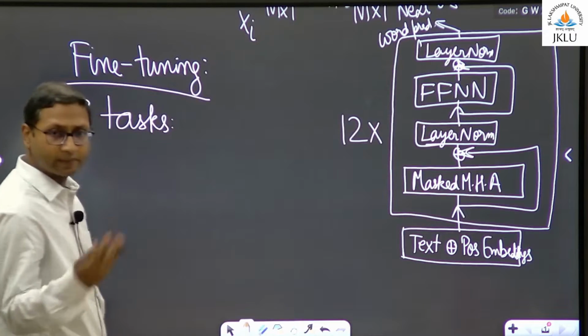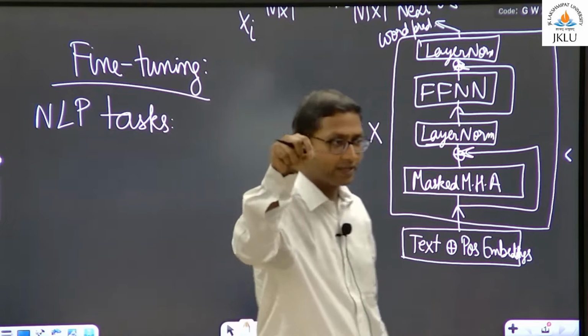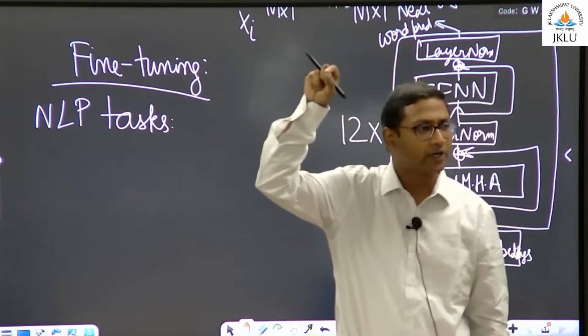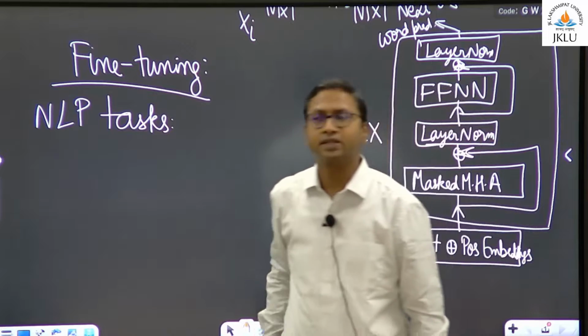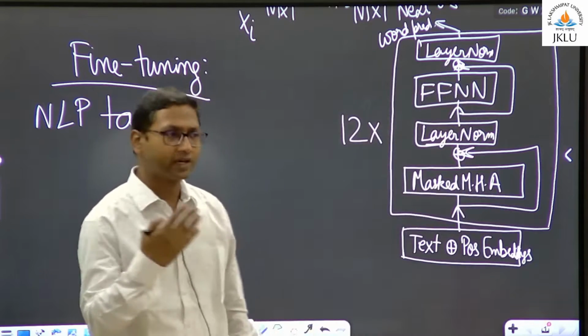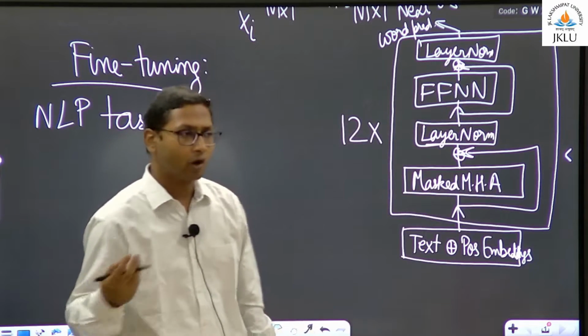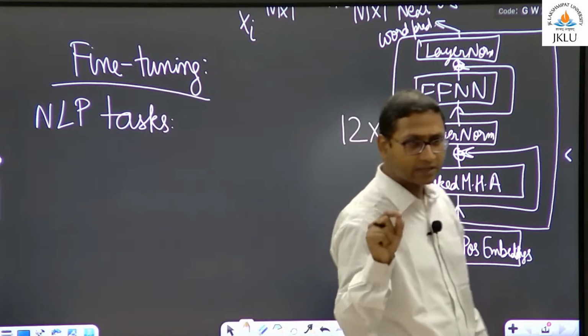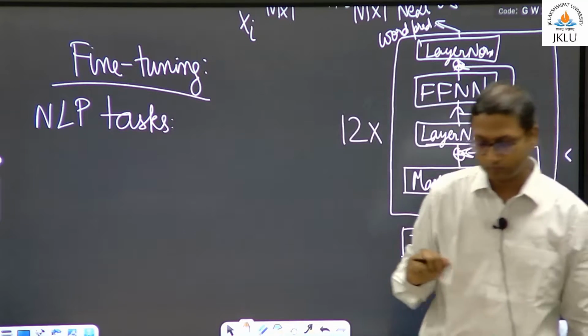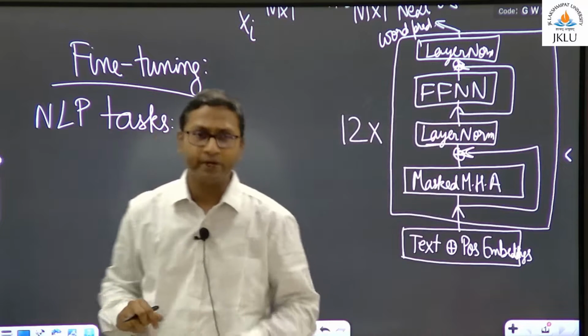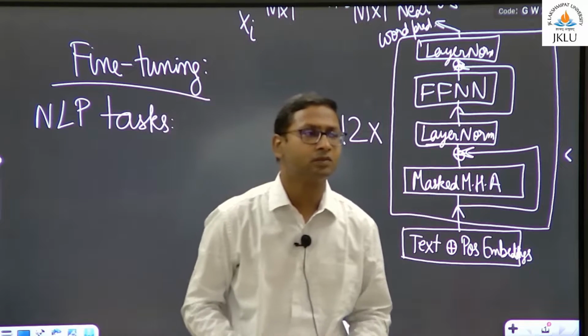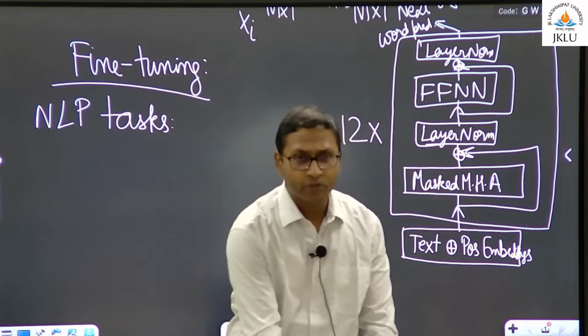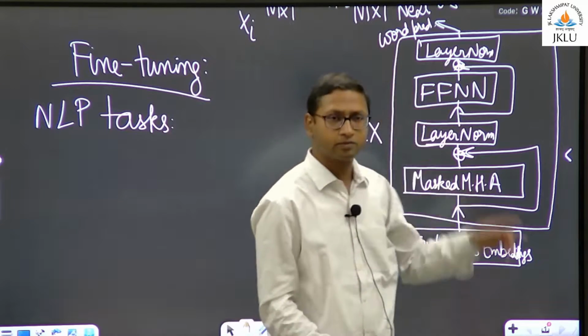So maybe sentiment classification, you are given a piece of text, you are also given the corresponding labels, right? Let's say 3 classes we are talking about, positive, negative and neutral. So output, which class does this given text belong to? Now, how would you otherwise do it?